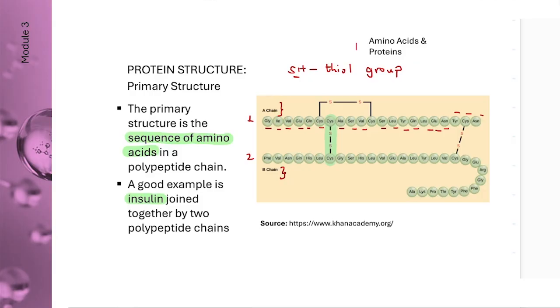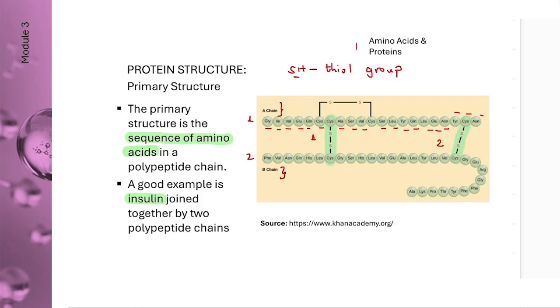So in the insulin protein, we use this protein as a very good example of the primary structure of amino acids. Two long chains of amino acids combine to form a protein, two long chains joined by the cysteine thiol group, the SH group. So you see one thiol group at this point, and you see the other thiol group from two cysteines at that point. And in a nutshell, that's what you have in insulin.